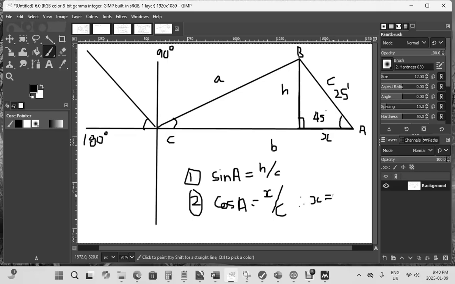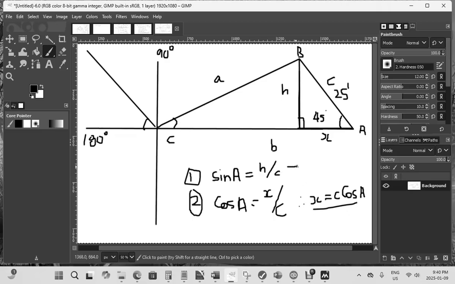X equals C, your side C, into cos A. So X equals C cos A. This is one of the equations.